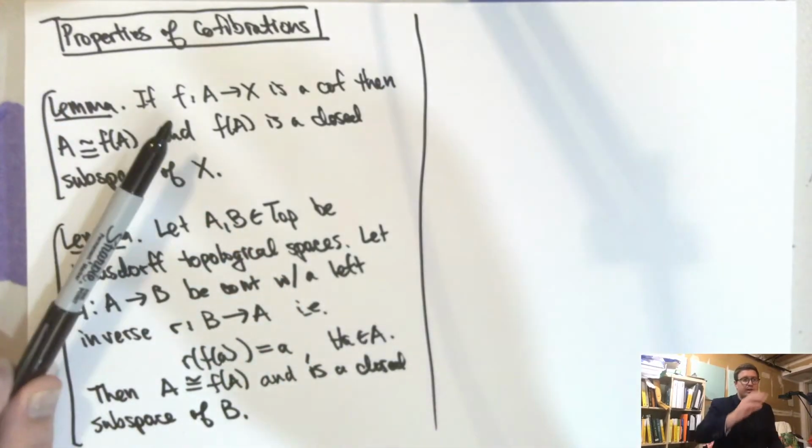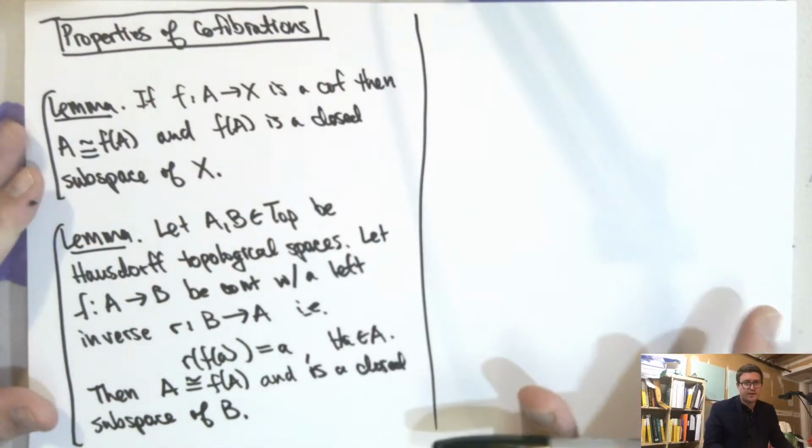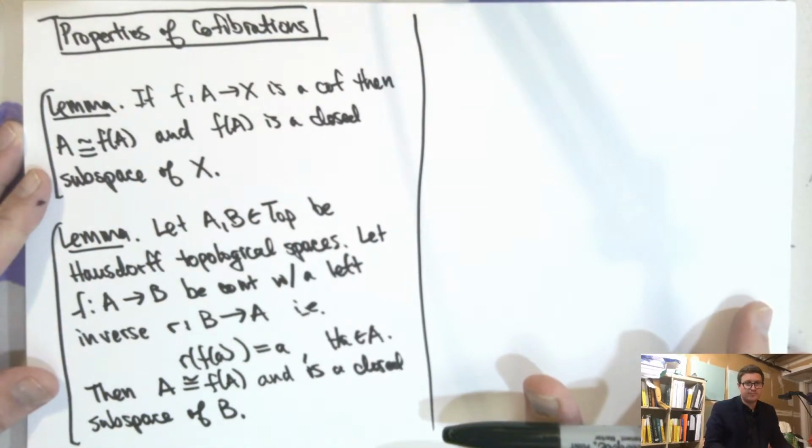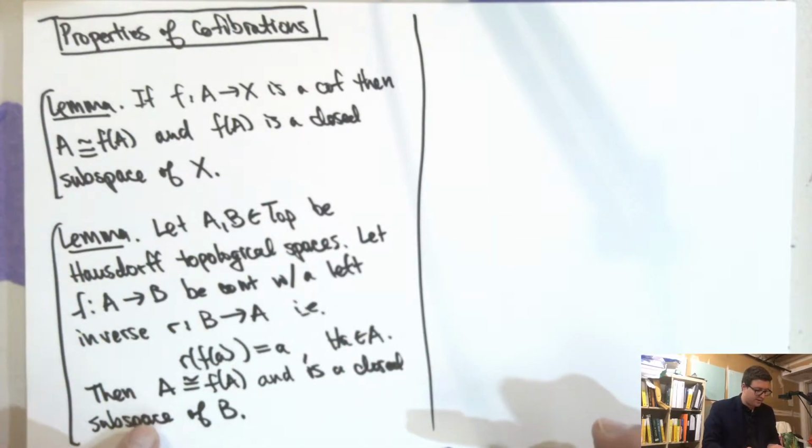So it's saying that if you have a left inverse, then you get this isomorphism, and this allows you to identify A as a subspace of B.